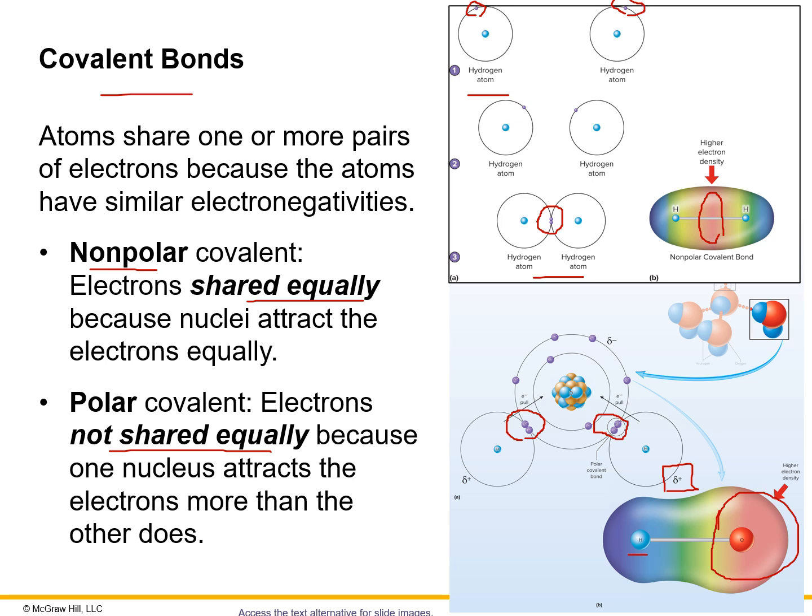Again, it's not a complete transfer like our cations, but now they're a little kind of positive because they've lost their electron a little bit. And the oxygen, again, not completely negative, but partially negative because those electrons are hanging out closer to the oxygen nucleus than to the hydrogen. So this has a slight positive pole and a slight negative pole, so kind of like a battery that exists when those electrons are not shared equally.